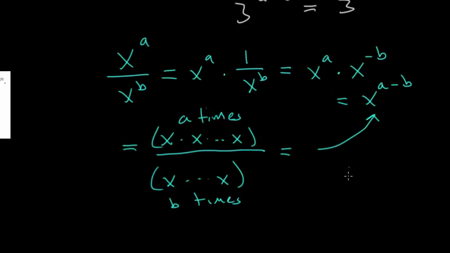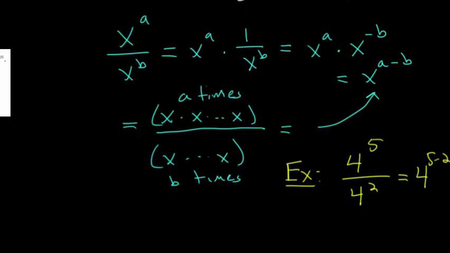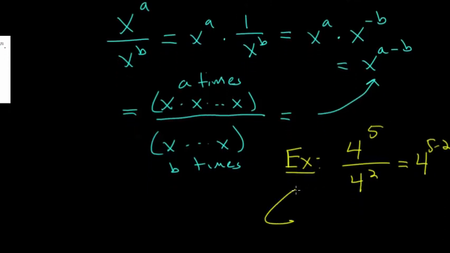And let's look at a concrete example. Let's say we have 4 to the 5th power divided by 4 to the 2nd power. And the rule tells us we should subtract, so this should be 4 to the 5 minus 2, or 4 to the 3rd. But if we look at it from basic principles, we have 4 multiplied by itself 5 times in the numerator.